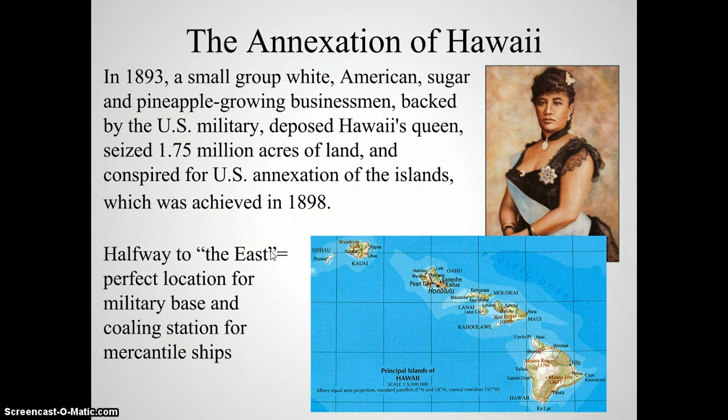But let's spend some time looking at how we actually get our empire built by looking at the major territories. We'll start with the annexation of Hawaii. Hawaii, up until this point in history, is its own independent nation. It has a monarchy, and at this point we have Queen Liliuokalani on the throne.